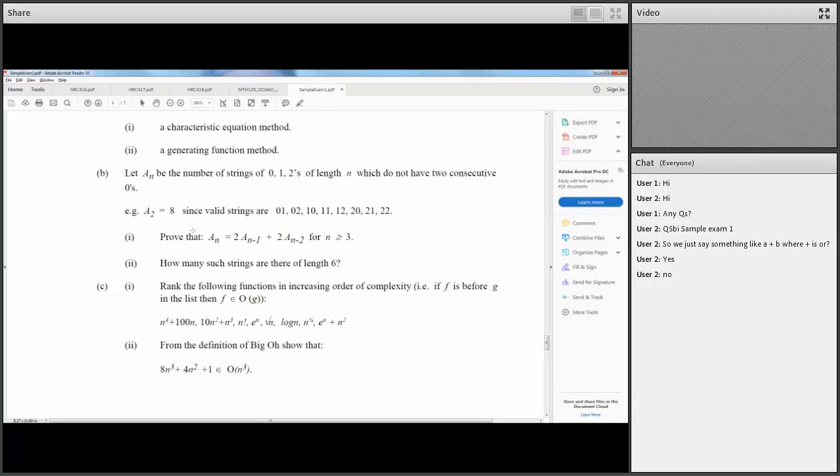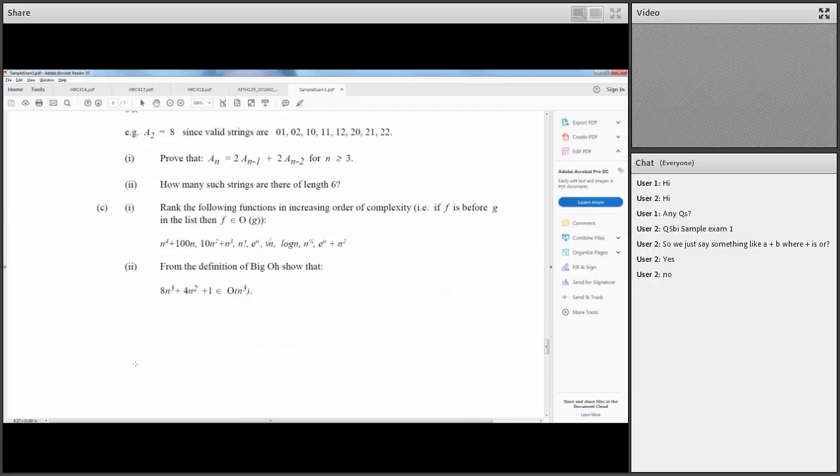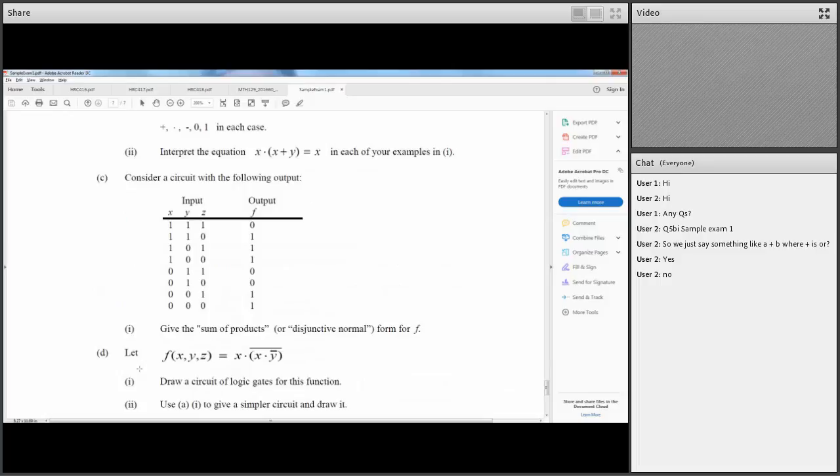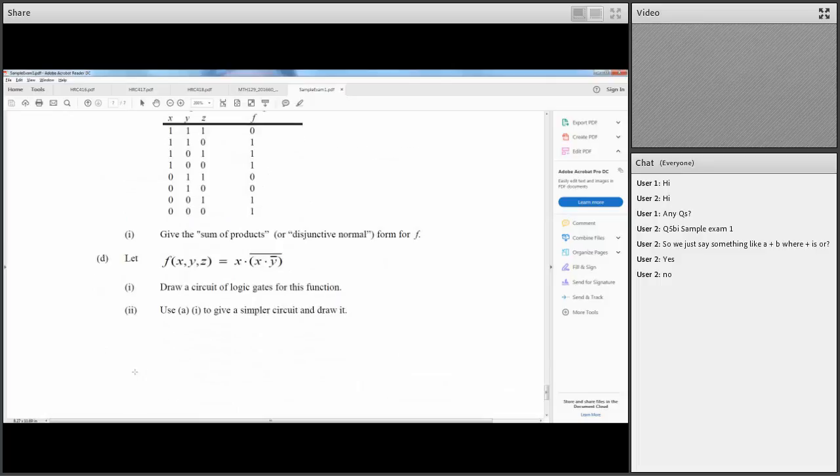And also for big O stuff, my focus has much more been in terms of your assessment so far, and that will be true in the exam too. Not to look at the formal definition of big O, but more be able to utilize it. So questions more like C part I rather than C part II, for example.